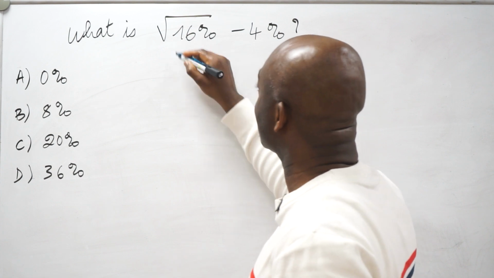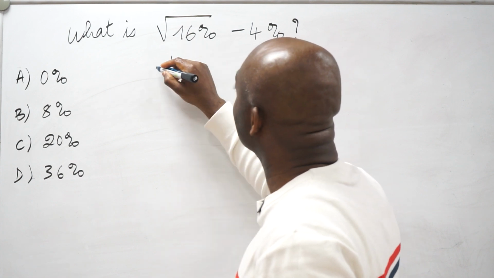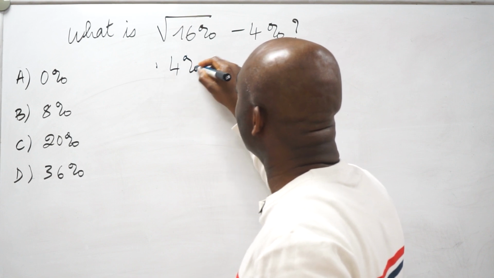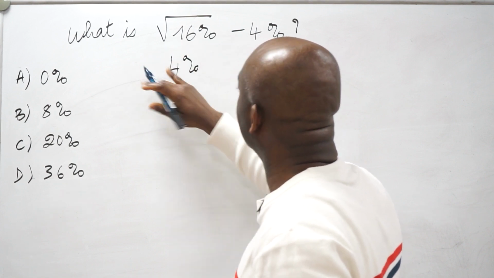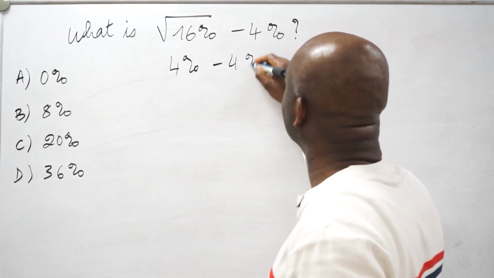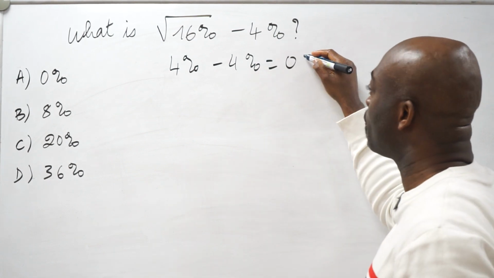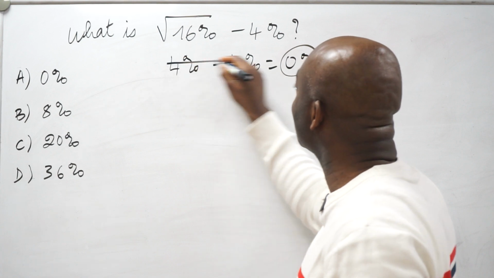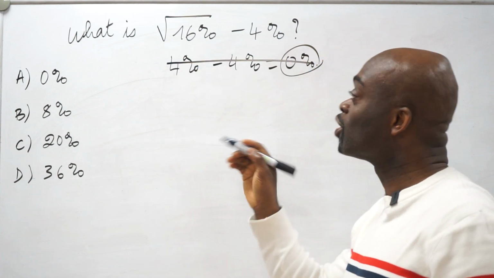So that's what I was saying: somebody will have done the square root of 16, which is 4, so we end up with 4%, and then minus 4%, and then we end up with 0%, and then we say this is the correct answer. No, this is definitely wrong, ladies and gentlemen. All right, so let's go for it.